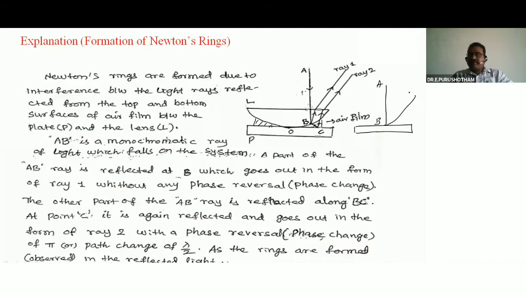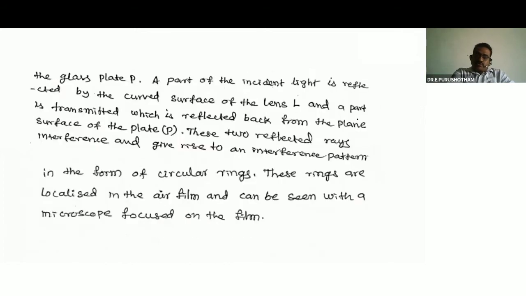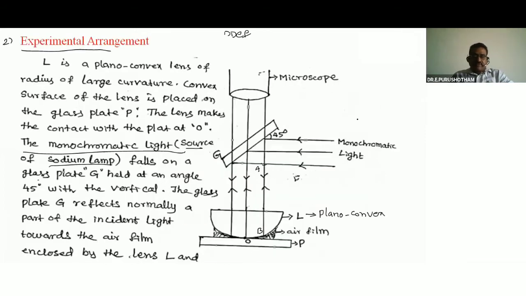This is reflected as ray 1. This is transmitted as BC. At the bottom of this surface, it is reflected and emerges out as ray 2. This ray 1 and ray 2 superimposed on each other give rise to circular rings. Dark and bright rings are called Newton rings.